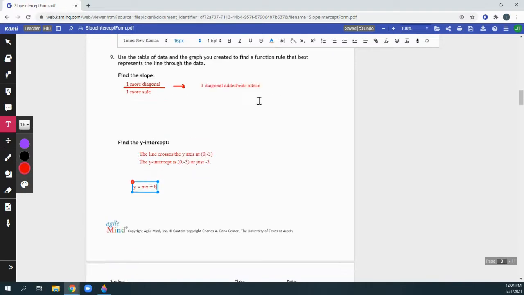We just figured out the slope and the y-intercept. So m is the slope and b is the y-intercept.